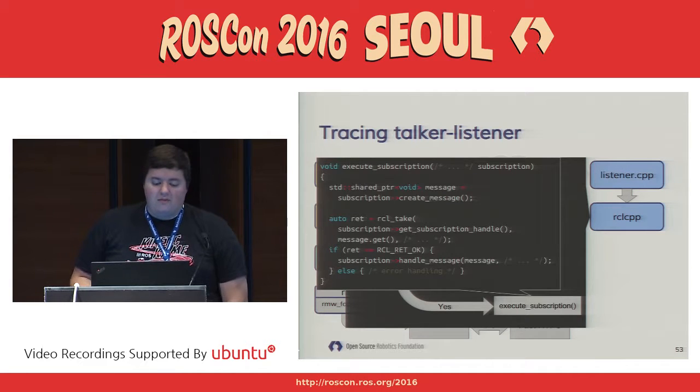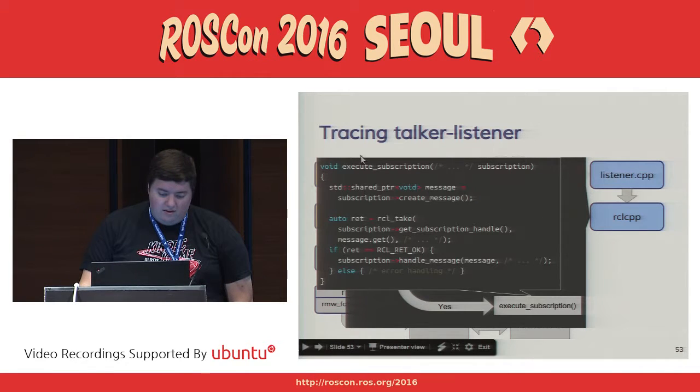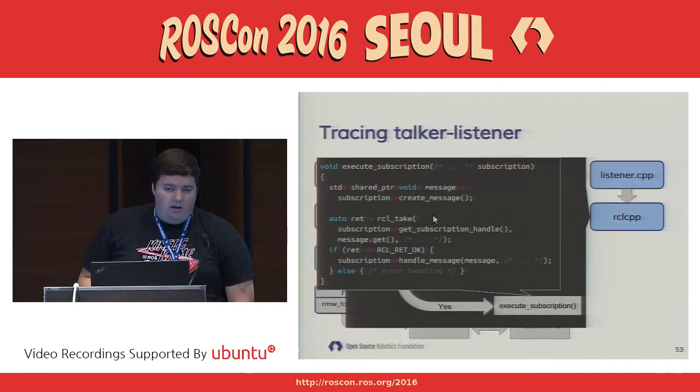It looks a bit complicated with all the namespaces and template arguments, but essentially the system has already determined that this subscription has data available, so it creates a message to store the result in, and calls the next layer, the RCL layer, and calls take. This is the function you call when you know that the system has data available for you. You can take it out of their buffers.